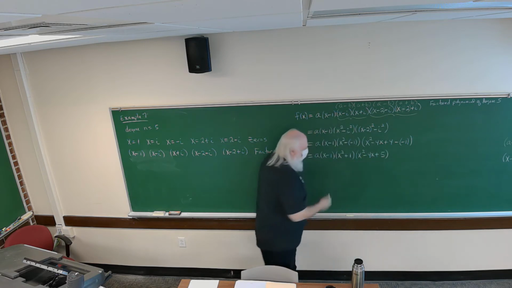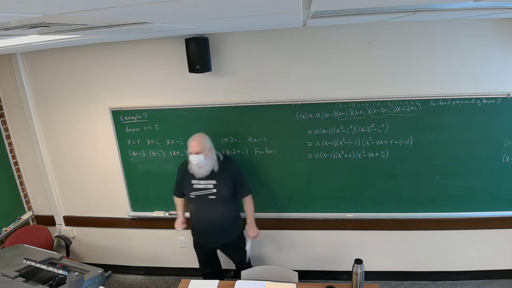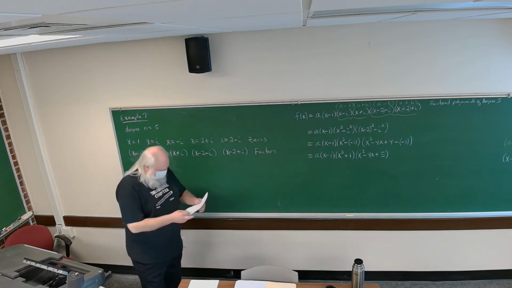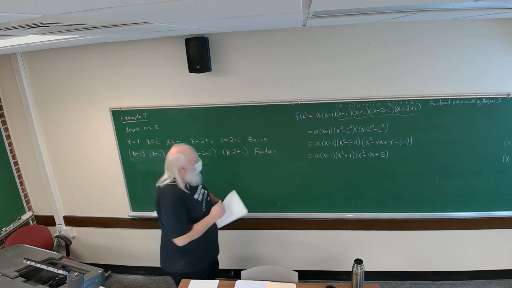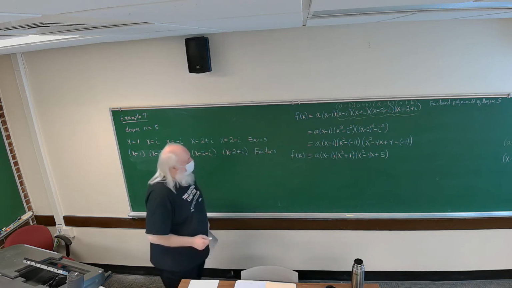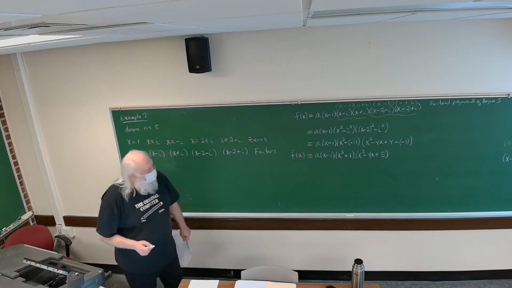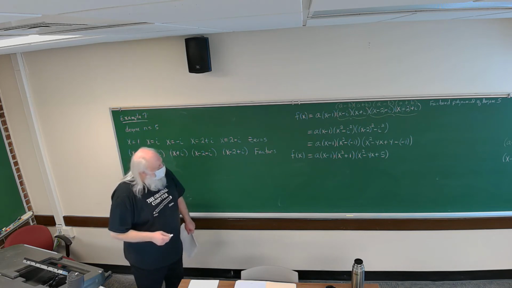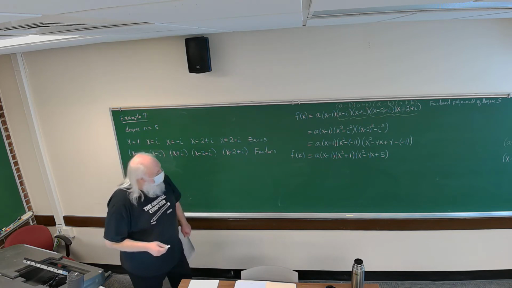And you notice that there isn't an i anywhere now, right? There's not an i to be found. Okay. So that's what f of x is equal to after we expand. We're not going to expand all the way, but we've expanded enough, okay?